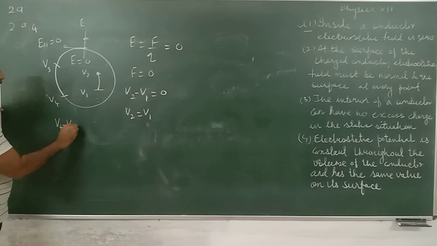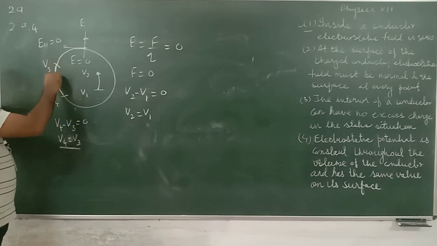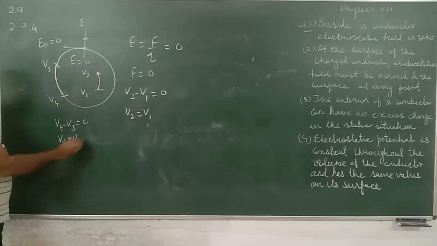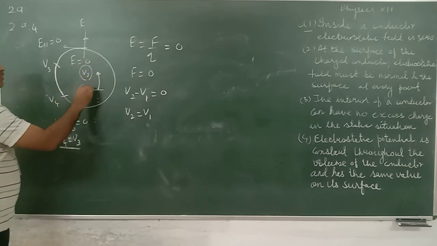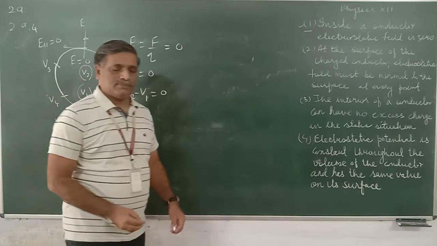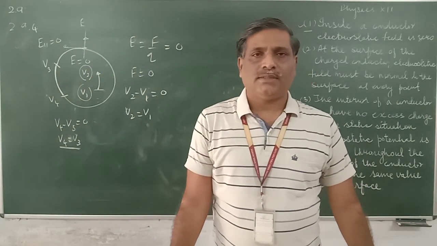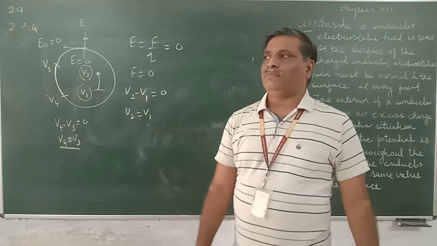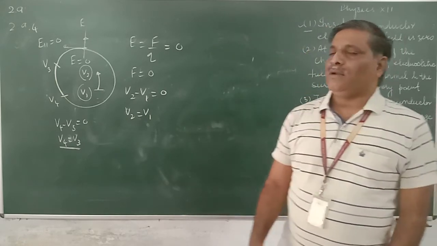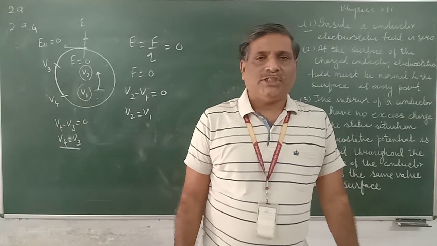V4 minus V3 is equal to 0. It indicates V4 is equal to V3. So on the surface also, the potential at different points is the same as the potential inside the conductor. These are four important properties of a conductor. Two more points we are going to discuss in the next session.